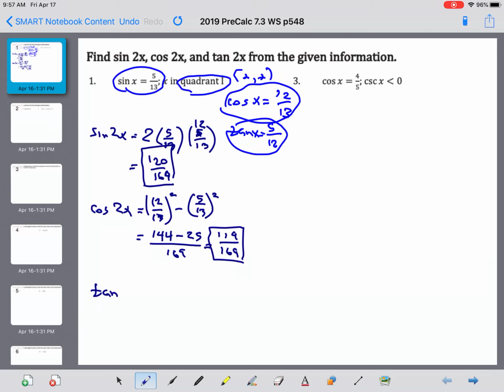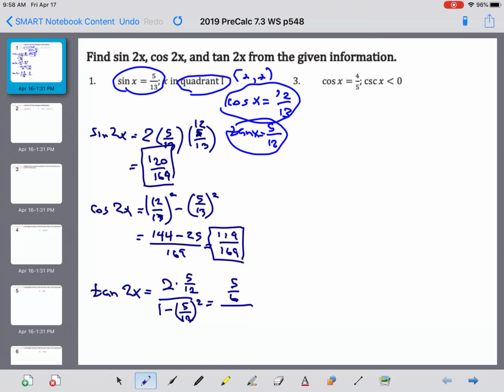And then the tangent of 2x is going to be 2 times my tangent over 1 minus the tangent value squared. So in the top here, the 2 and the 12 reduced, I get 5 over 6.